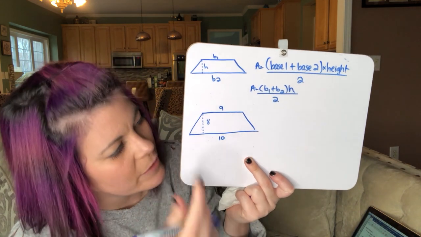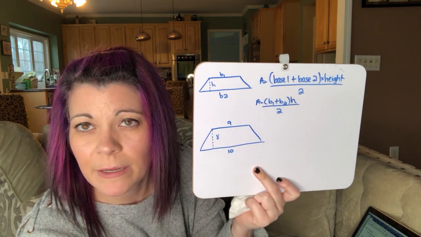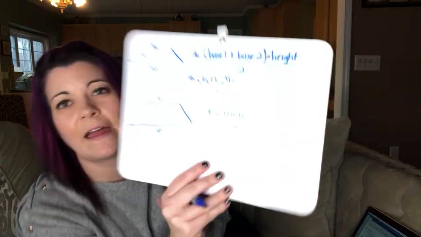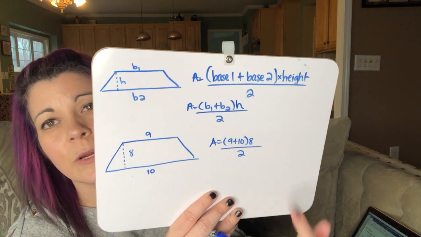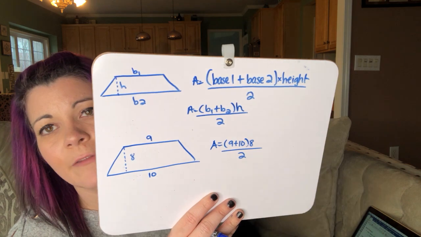It doesn't matter which one you determine base 1 and which one you determine base 2. I always just pick the top to be base 1. So 9 plus 10, because that's in parentheses, so you have to do that first. So 9 plus 10, then times the height, which is 8, all divided by 2. So that's what the equation would look like right here. 9 plus 10 multiplied by 8, all divided by 2.